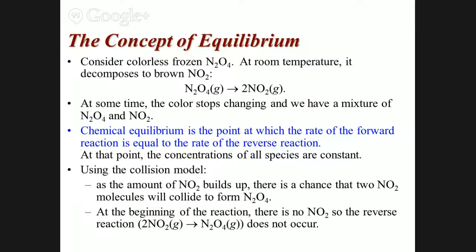It's not going to get any faster. On the other side, the reverse reaction starts out at 0 because there isn't any NO2. But after a while, we've made some NO2, we've got more NO2, they start colliding with other NO2 molecules, and we develop a reverse reaction, which starts out very slow, but as we get more and more NO2, that increases.